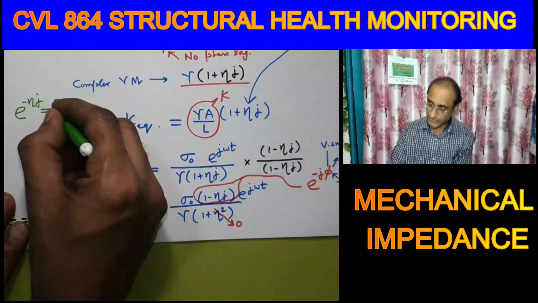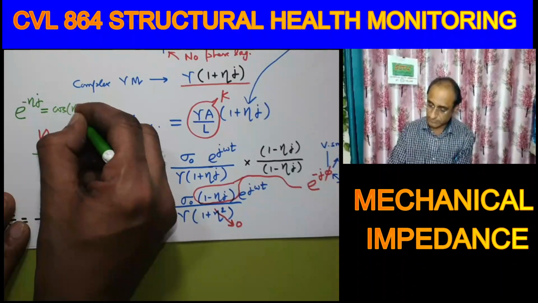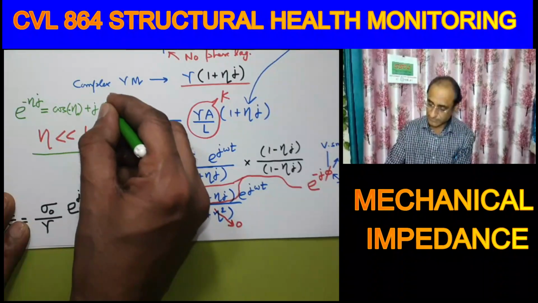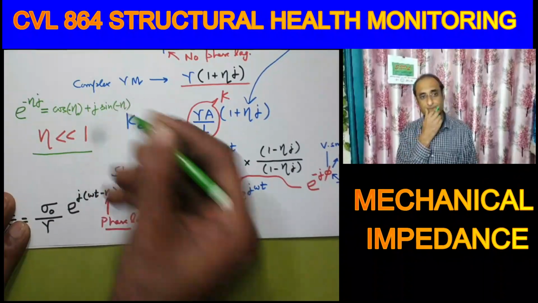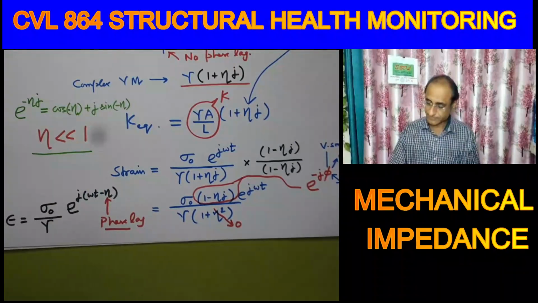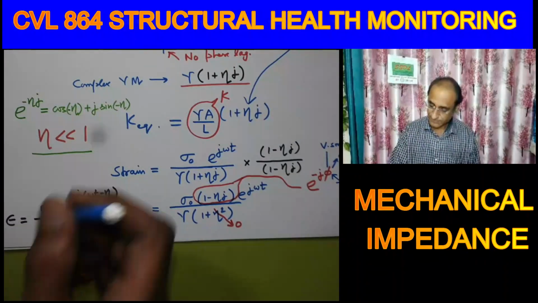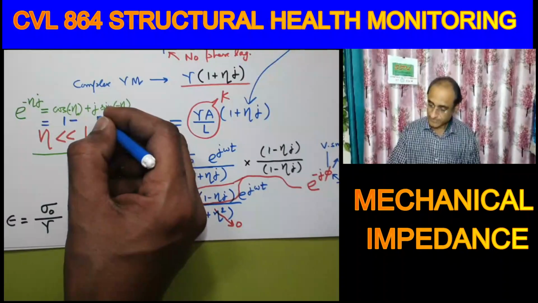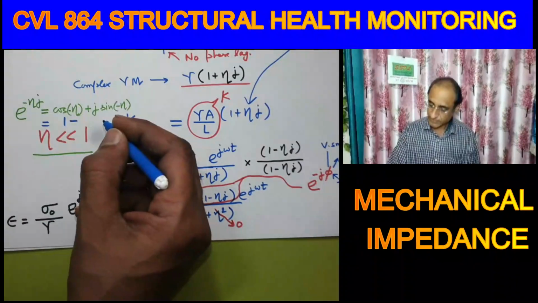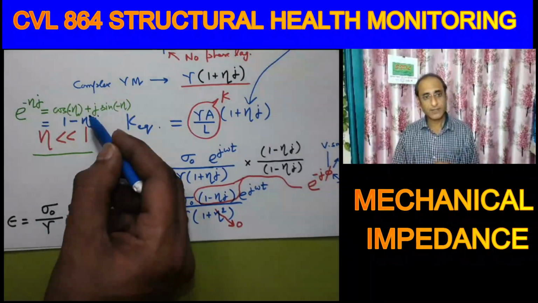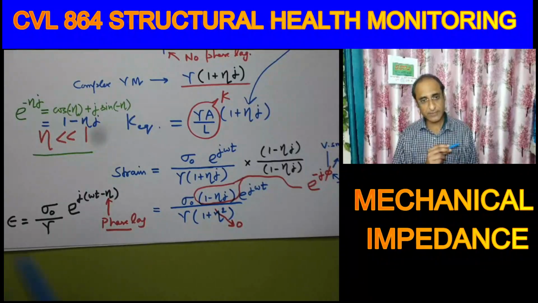E to the power minus j eta is cos eta plus j sin eta, so this eta is very small, and we get 1 minus j eta. So that's why we are representing it by this. Hope you understand?